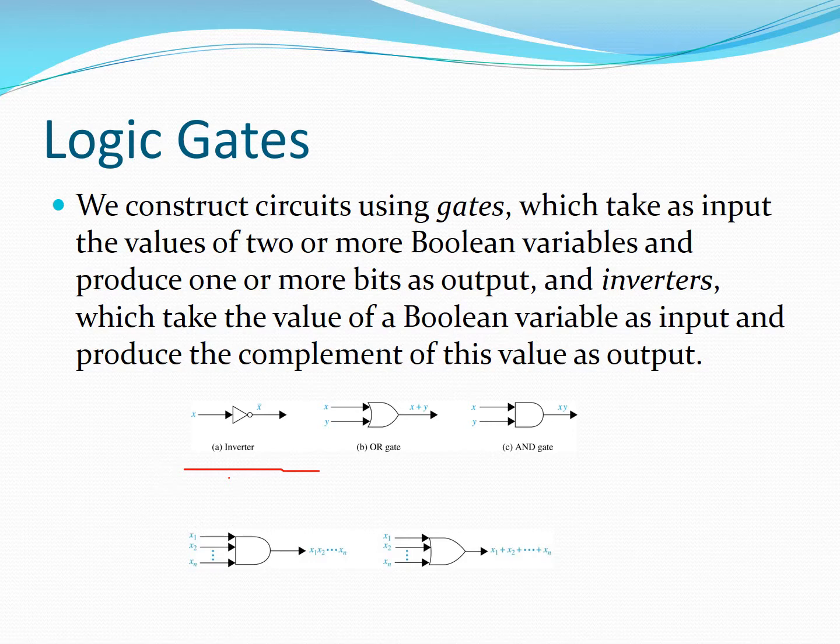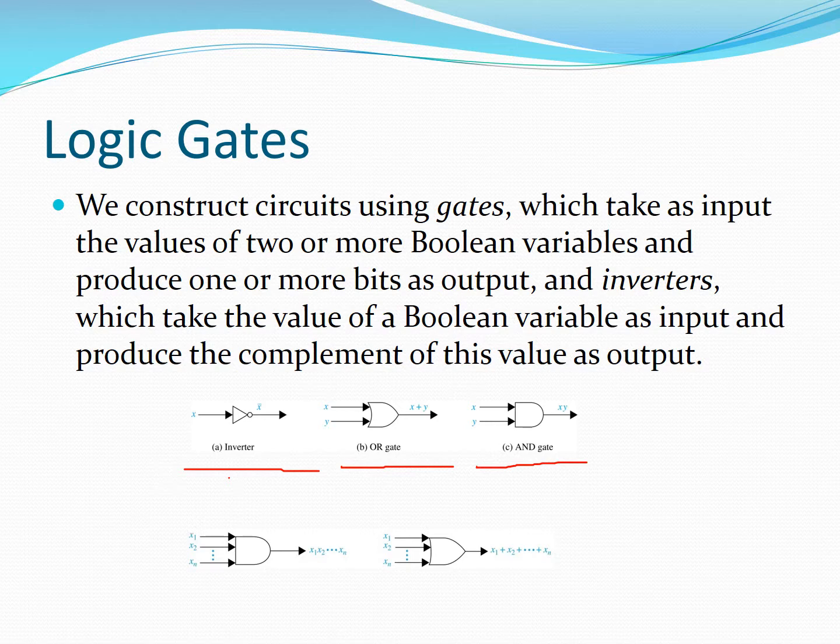The next gate here is called the OR gate. It takes two variables as input and produces an output which is the OR of the two variables, or in our Boolean algebra, the sum of the two inputs. And then the third kind of gate is our AND gate.